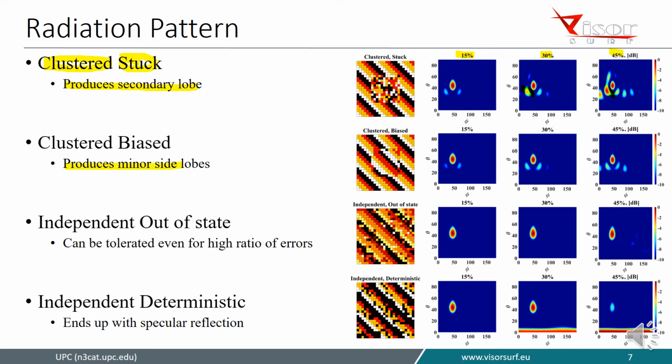Clustered bias produces minor lobes. Independent out-of-state can be tolerated for a high ratio of errors. Independent deterministic ends up with a specular reflection starting at 30% in the normal direction, here and here.